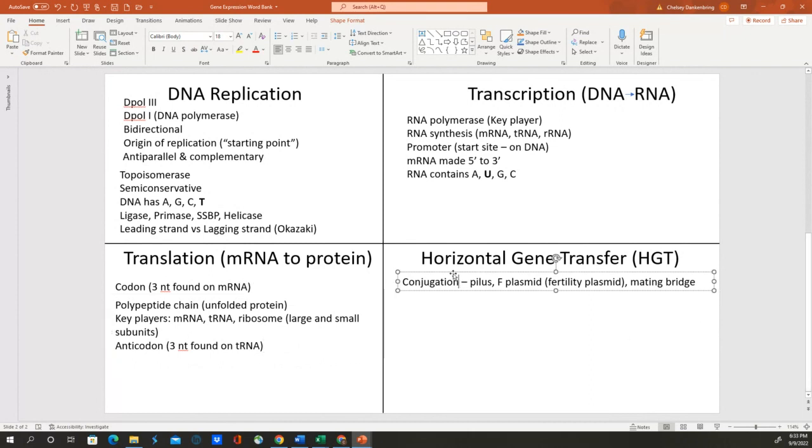Okay, so let's wrap up this word bank with our horizontal gene transfer. What's another form of horizontal gene transfer? Good, transformation. So remember, y'all, with transformation, this is just a single cell minding its own business out there, and it encounters a piece of DNA.